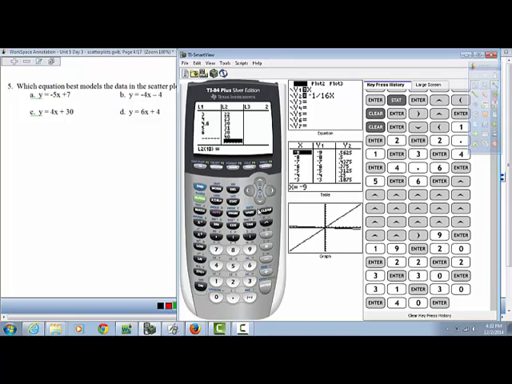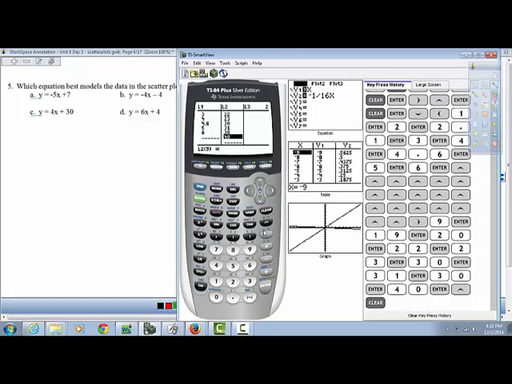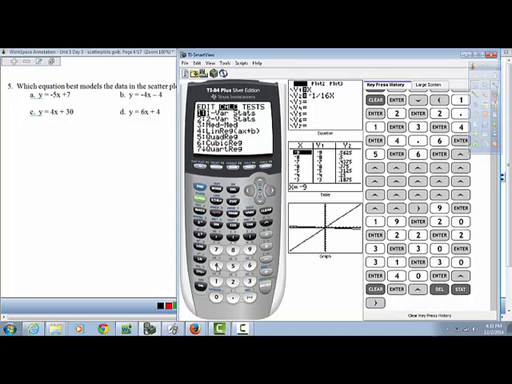Okay, so I put in my data points. Let's clear out that one. And I'm going to go back to stat and just see if I can get this to work. 4. So, looks like it's about the same to me.